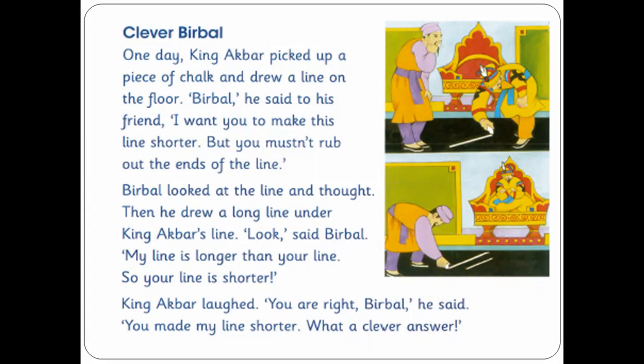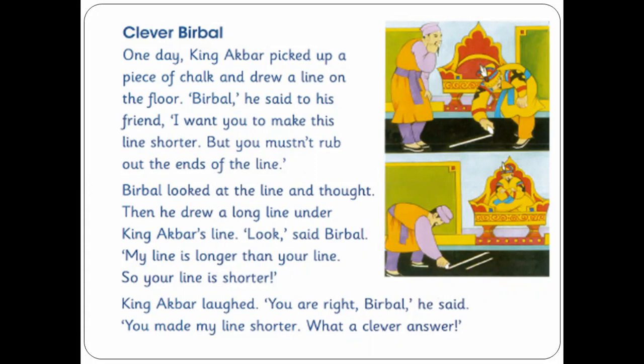As Birbal was a clever man, he always gave answers that pleased King Akbar. So let's start, boys. The name of the story is Clever Birbal. It is from India. So first I'm going to read it, and after that I'm going to play track number 50 for you.